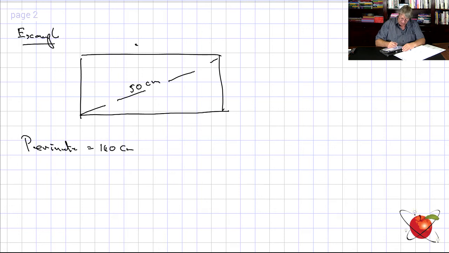So this is L and this is X. Doesn't matter if you call it W and L or whatever, X and Y, all right? Let's just change it to X and Y, because we're used to that. So therefore, the perimeter is going to be 2x plus 2y must be equal to 140, correct?